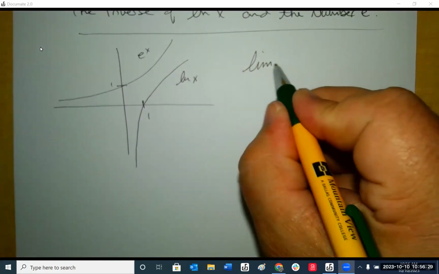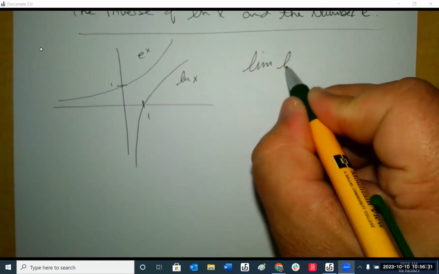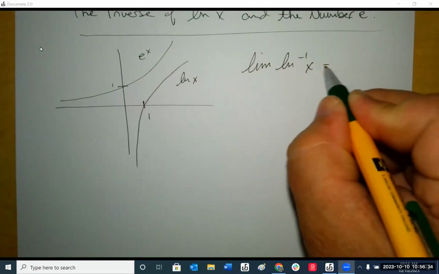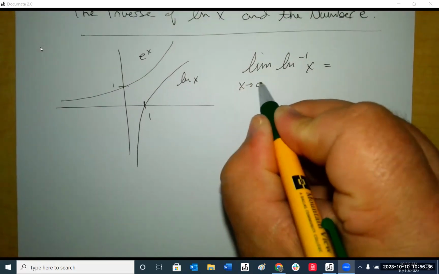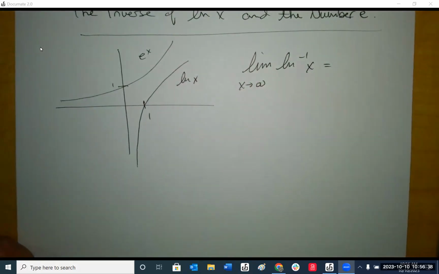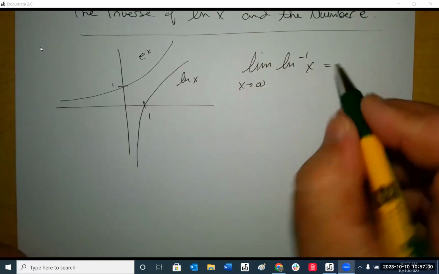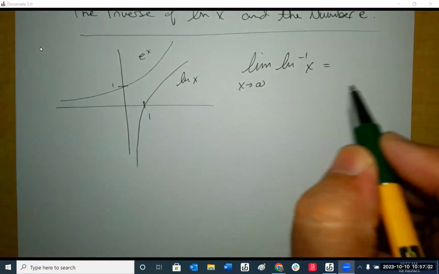If we take the ln and the limit of the inverse of x as x goes to infinity, what would we get? What is the inverse of ln? So as x goes to infinity, where does the value go?